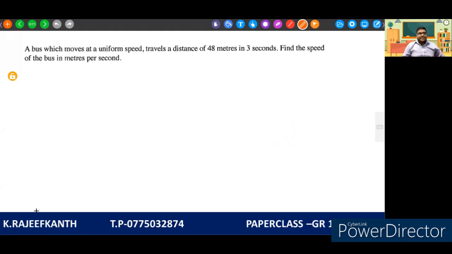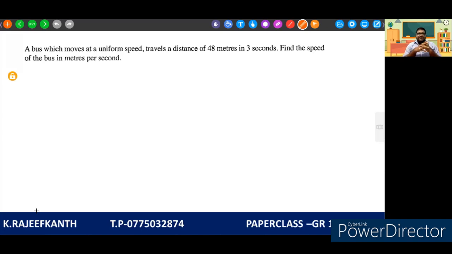The next one. A bus which moves at a uniform speed travels a distance of 48 meters in 3 seconds. Find the speed of the bus in meters per second.